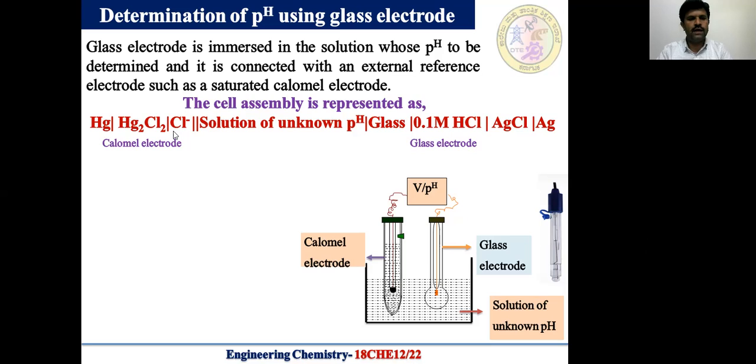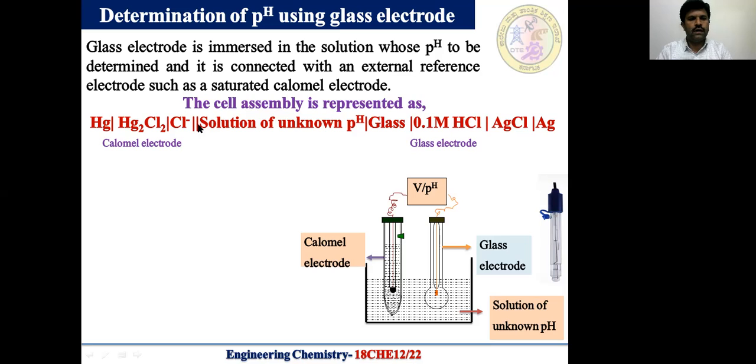It is in contact with the solution of unknown pH, the solution whose pH is to be determined, and that solution is in contact with the glass membrane, and that membrane is in contact with 0.1 molar HCl solution, which is in contact with the internal reference electrode Ag bar AgCl.